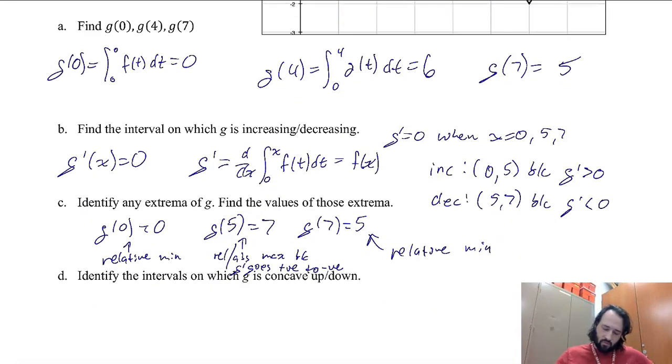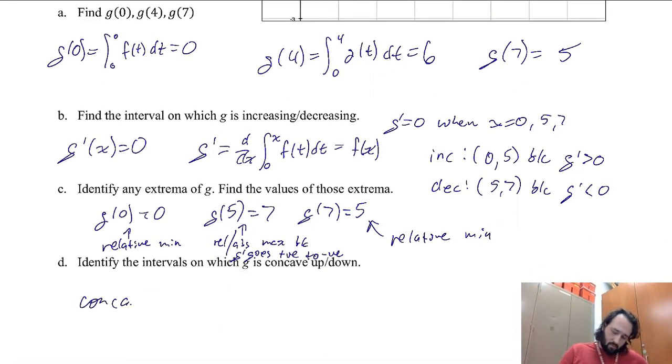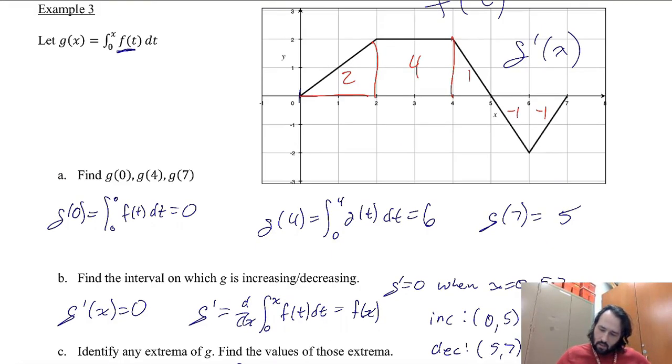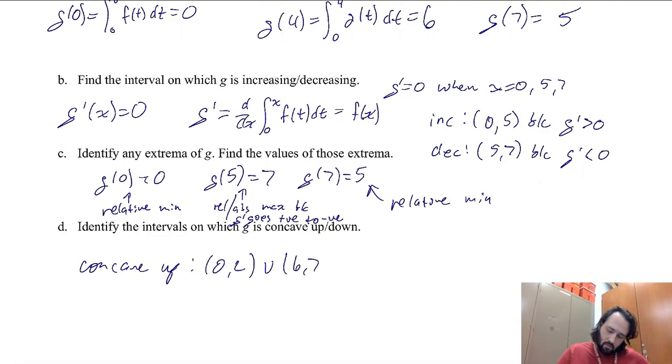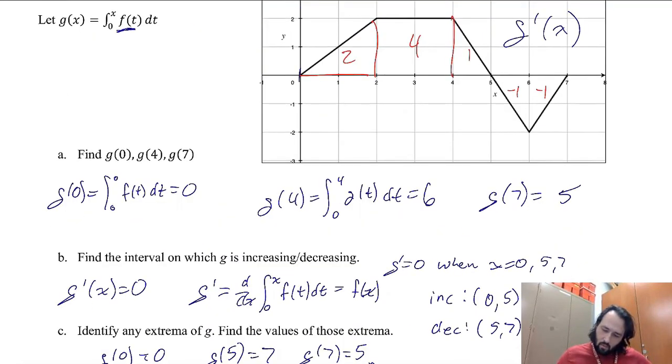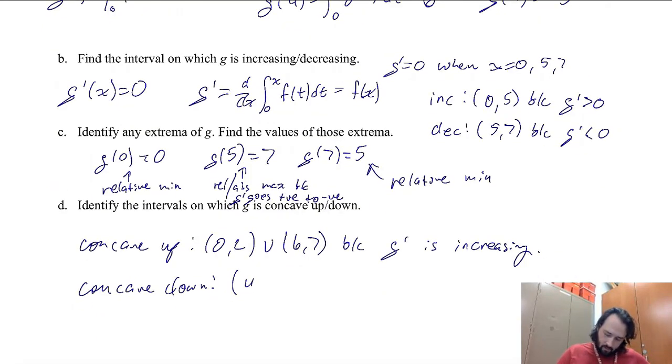So I'm concave up from 0 to 2 and 6 to 7 because g prime is increasing, and concave down on 4 to 6 because g prime is decreasing.